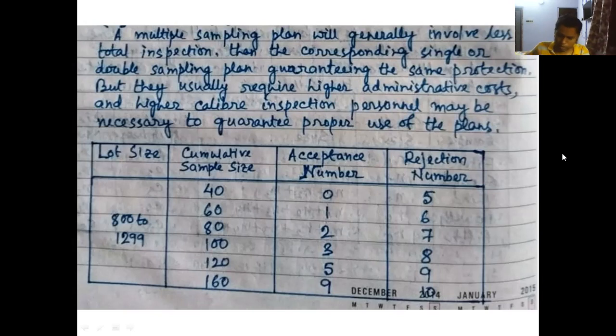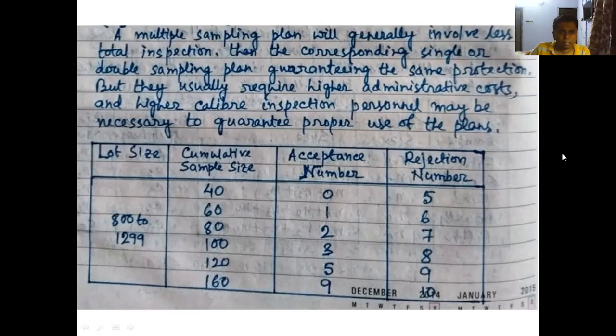So one aspect I discussed is the trade-off between cost and quality protection. The second aspect is in which case we need to use which sampling plan depending upon the lot size.